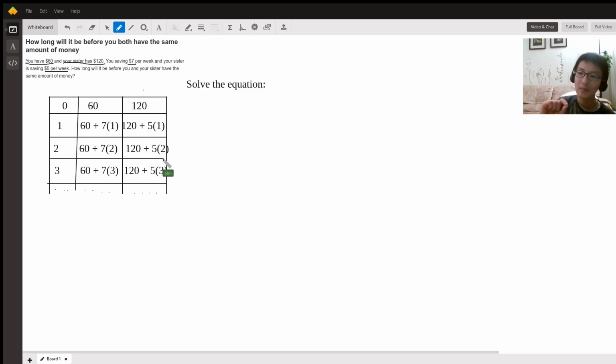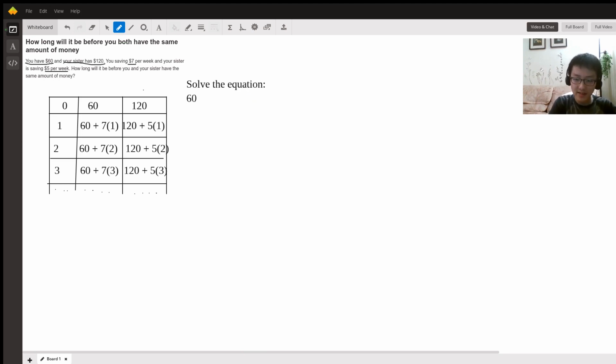So that means you can make an equation and see when x will make the two values equal. You kind of see the pattern here? So when you try to solve the equation, let's start with you.